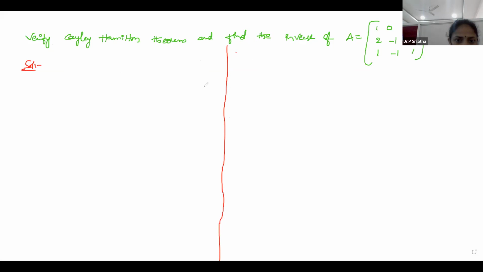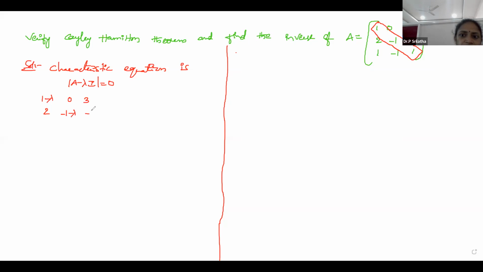Okay, 73. So the characteristic equation is, so what is the formula for the characteristic equation? That is det of A minus lambda I equal to 0. Okay, so for the diagonal elements, here the diagonal elements are 1, minus 1, 1, we need to add minus lambda. So 1 minus lambda, 0, 3, 2, minus 1 minus lambda, minus 1, 1, minus 1, 1 minus lambda. That will be equal to 0.